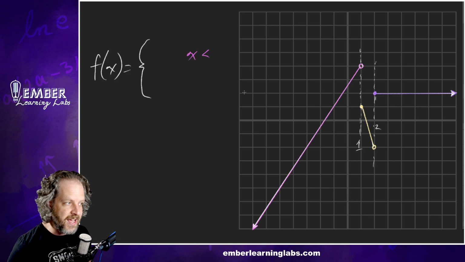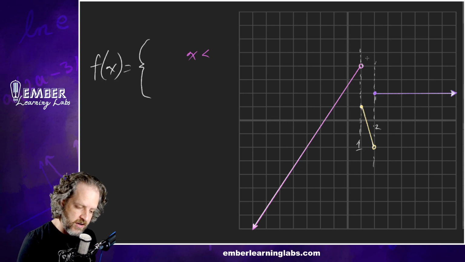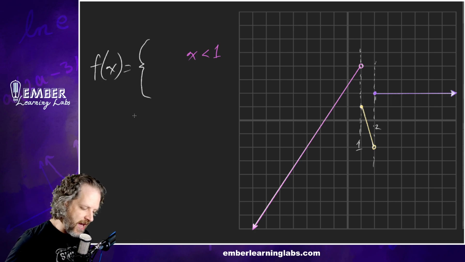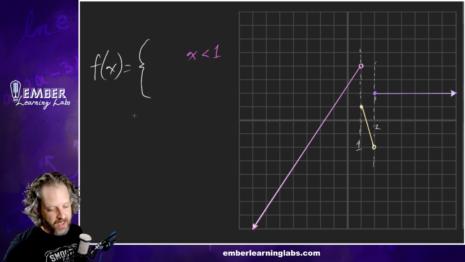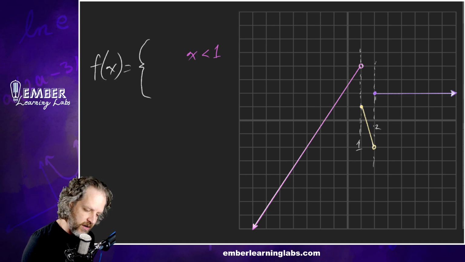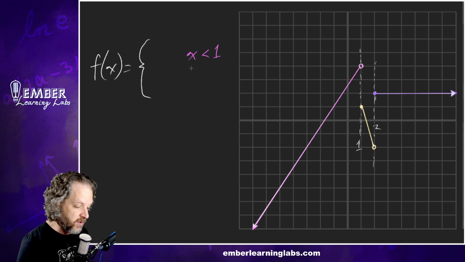Now we need to see, is it a solid circle or an open circle? It's an open circle, so it's when x is less than 1. This thing is going to happen. We're going to write what that thing is in a minute. And then the yellow one is when it's greater than 1.